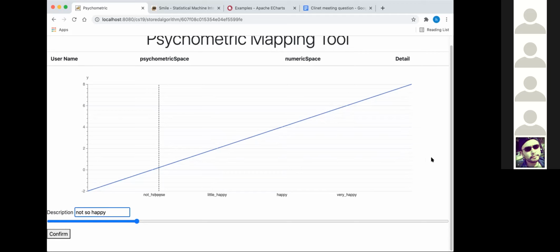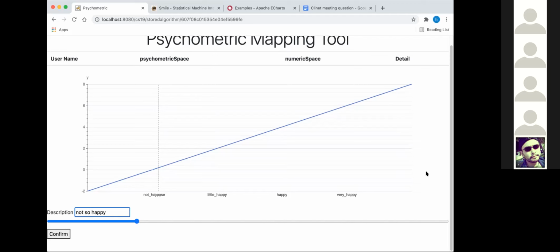Now, next time you have a different survey saying, if you were to describe not so happy, what would be the number of not so happy? So you can ask lots of people what is the value of not so happy.